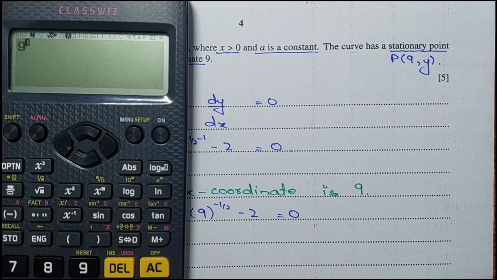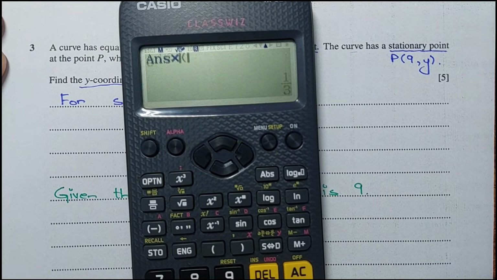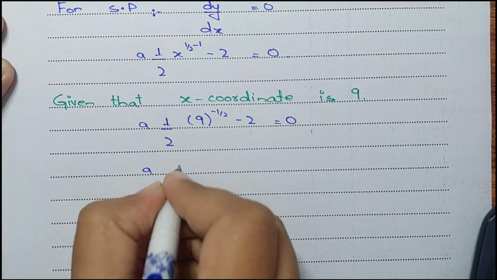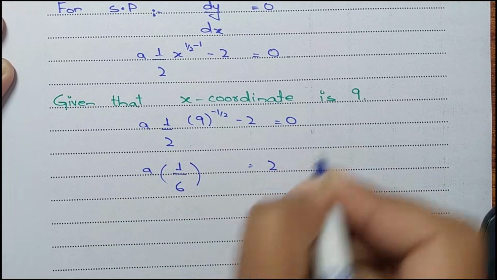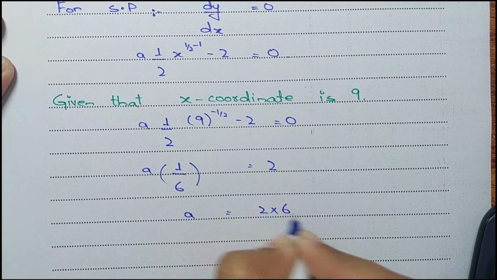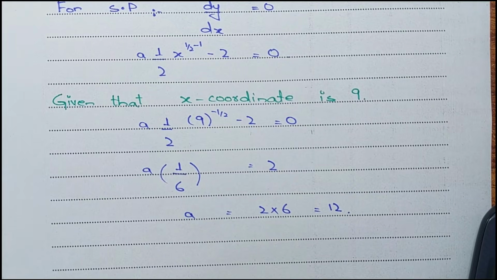Now 9 to the power negative 1 by 2 is 1 over 3. Times 1 by 2 is 1 over 6. A is multiplying with 1 over 6, and shifting the 2 to the other side it becomes positive. So A equals 2 times 6, which is 12. A is a constant, so we got the A value, which is 12.